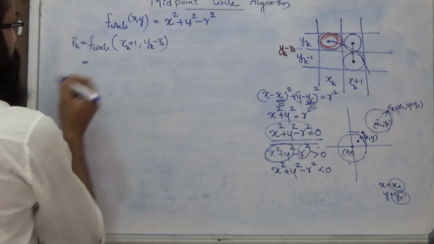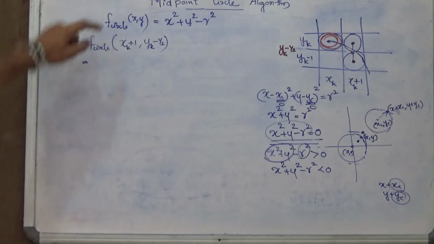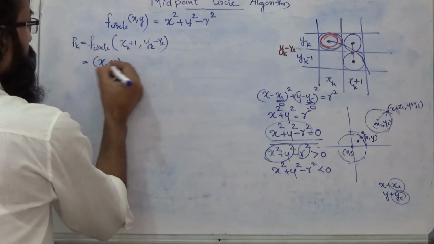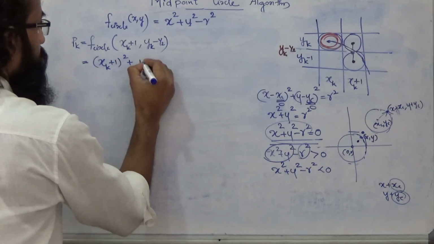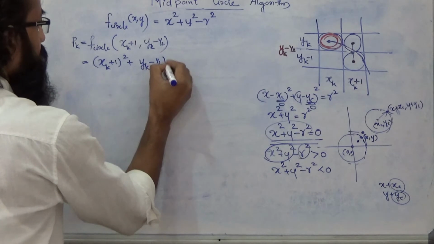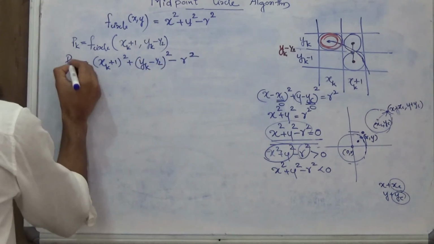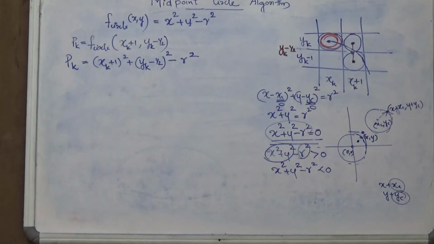Applying this in the circle function, you will get xk plus 1 the whole square plus yk minus half the whole square minus r square. So this is our decision parameter pk.